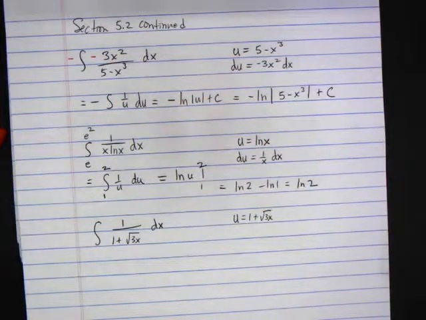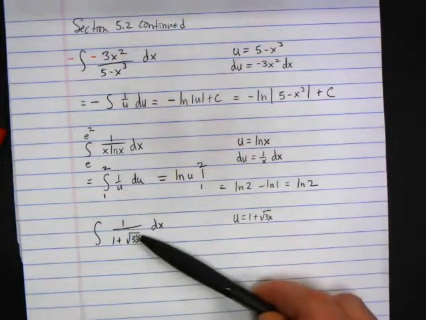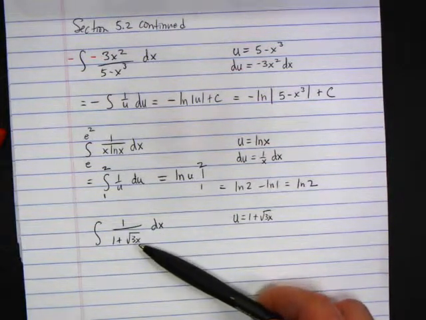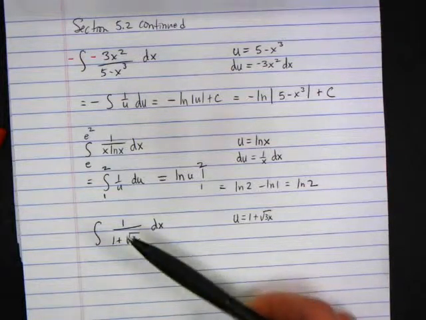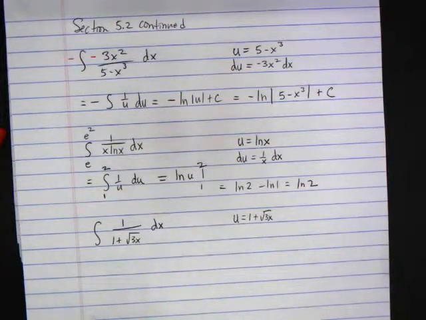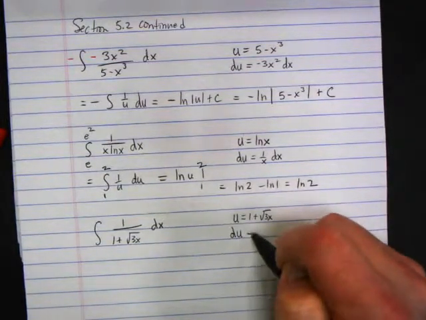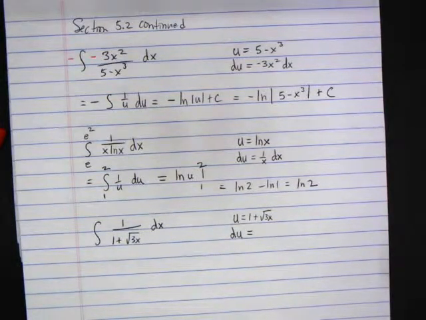Because if possible, I want to end up with 1 over u. I don't want to have 1 over 1 plus u. That doesn't do me as much good, does it? You could make it work from there, but I think it's better to let u be the whole bottom. But you're going to run into some interesting problems with this one. Du then becomes, what's the derivative of 1 plus the square root of 3x?